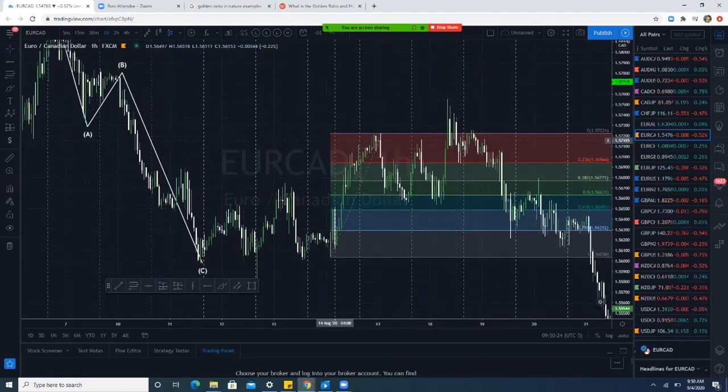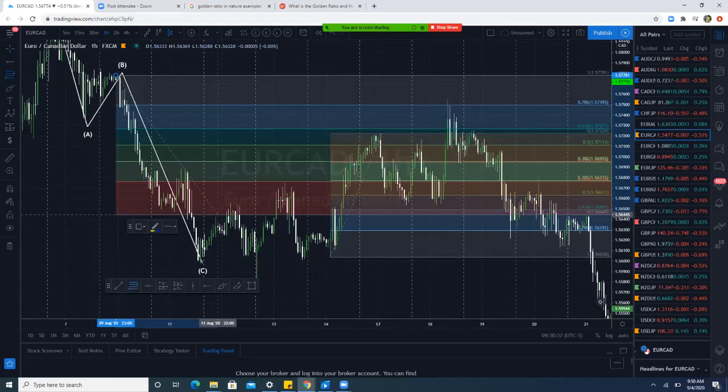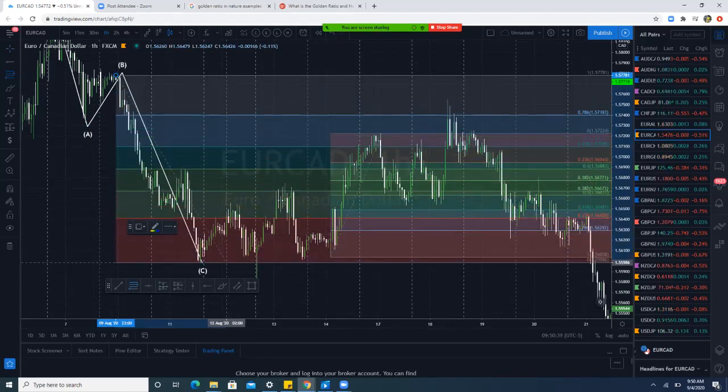If we look at this same thing here, this whole move, see how this move from B to C that I put right here? If I take a Fibonacci and line it up right here, they're going to respect a certain point in the market. And how do you know which ones are respected?